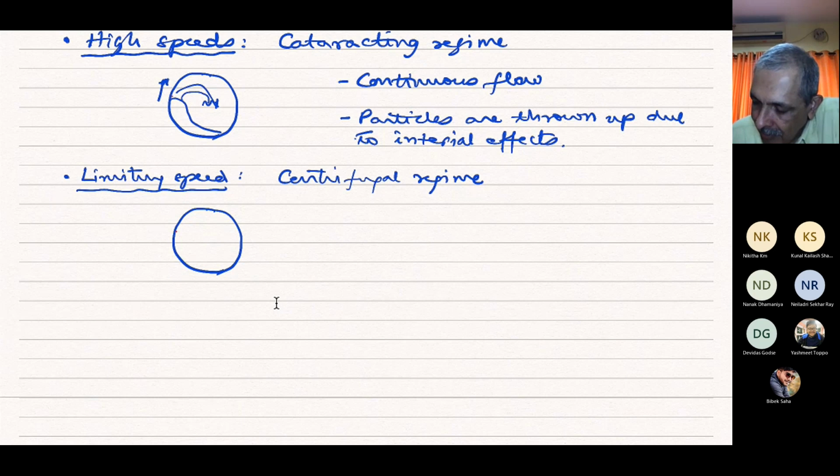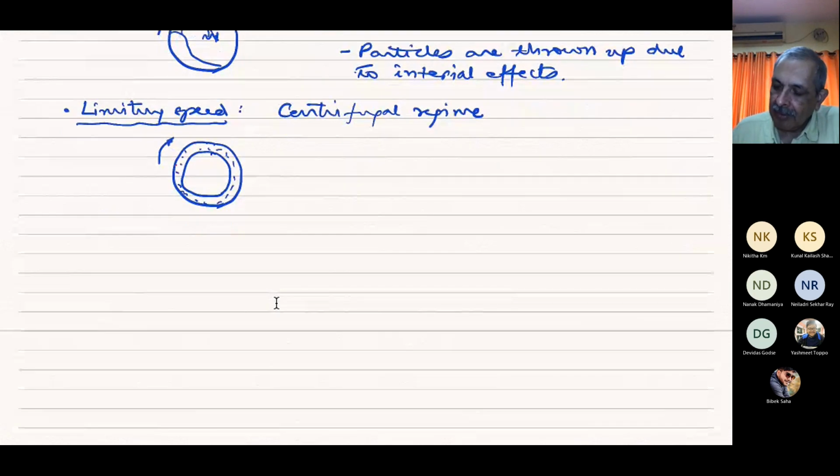In this regime, the rotational speed is so high that all the particles are just thrown to the walls of the cylinder. So, this is why it's called limiting speed, because this is a pretty useless sort of regime. So you don't want to.